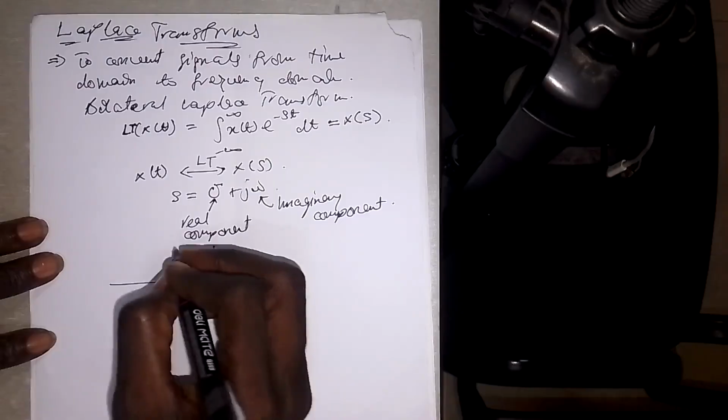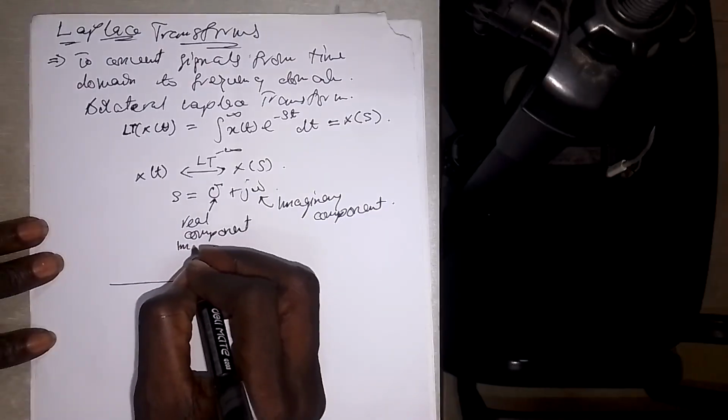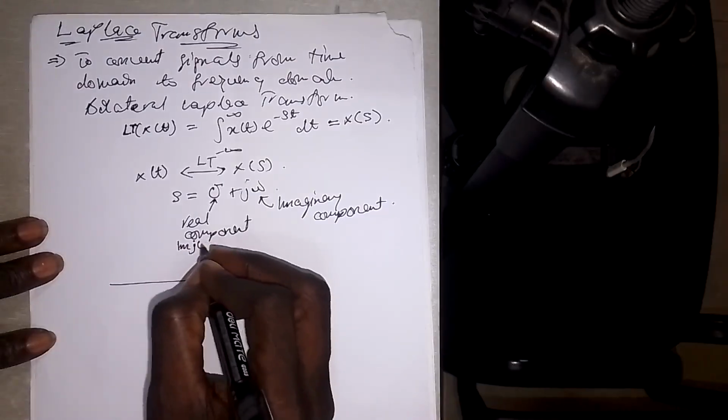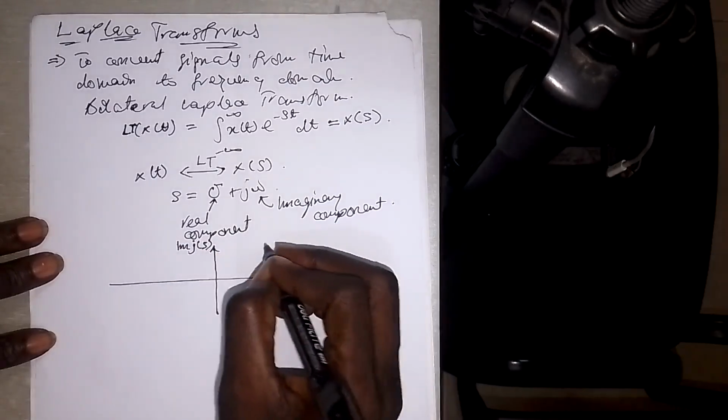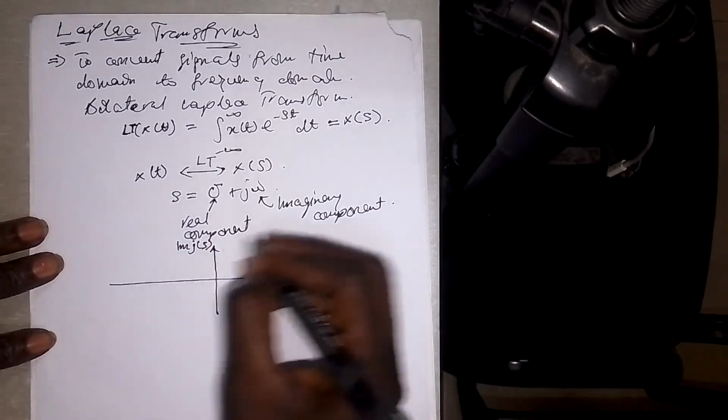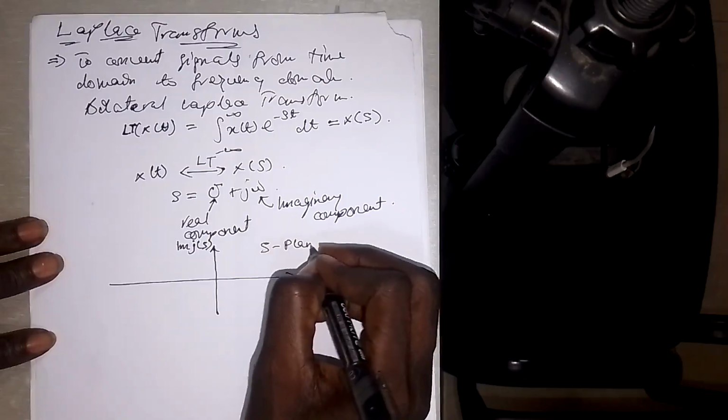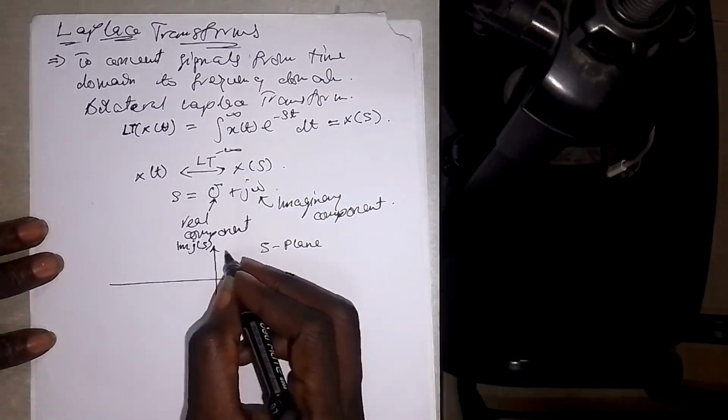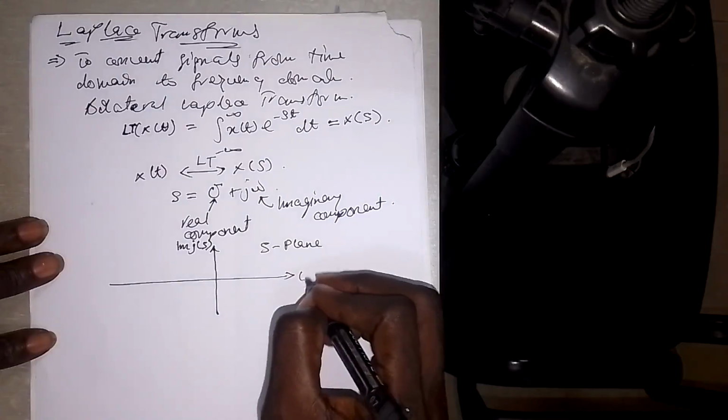This is how you can represent the real aspect and the imaginary aspect of the Laplace transform. This graph is called the S plane. This is the imaginary axis and this is the real axis.